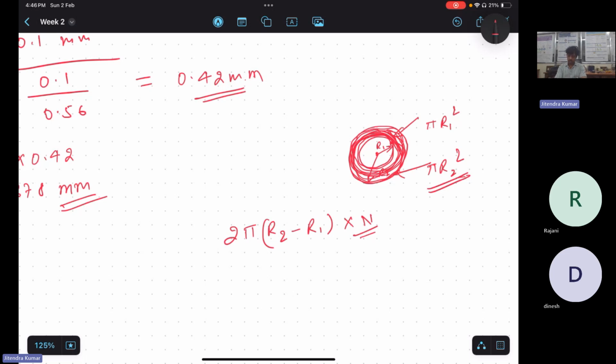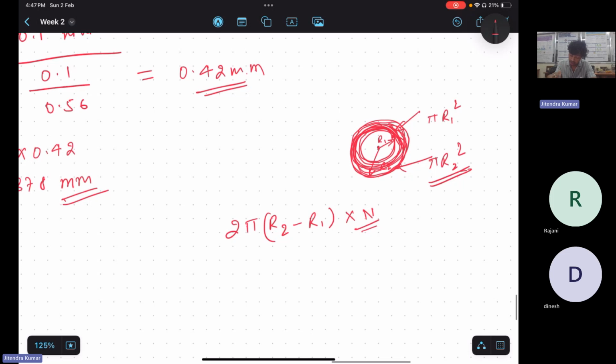I think you are doing subtraction here, but subtraction will not give you an accurate result. You can also see by calculating how much difference you are getting between these two methods.